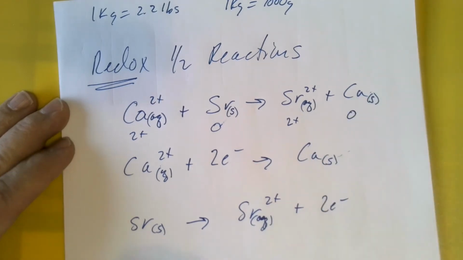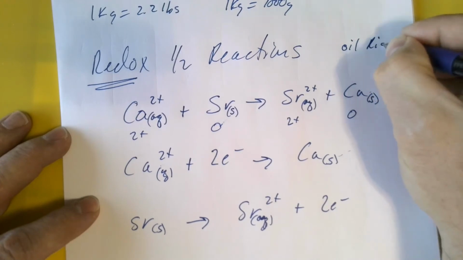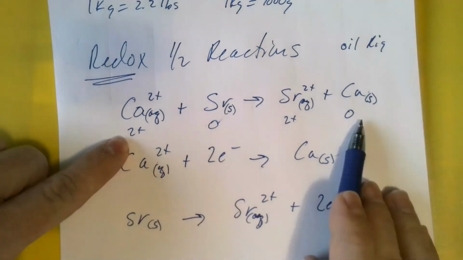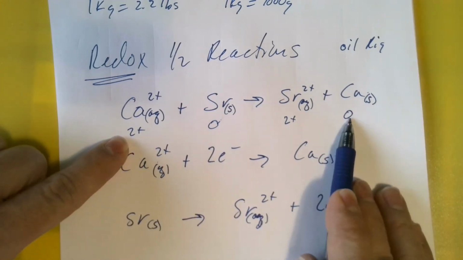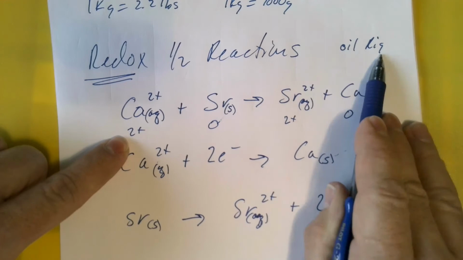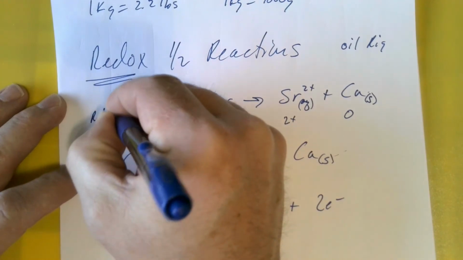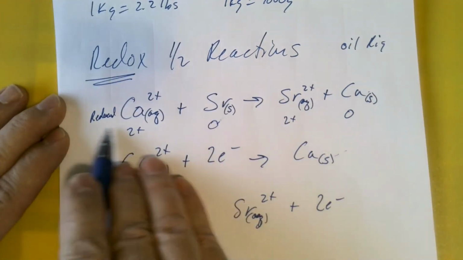Well, if I remember the mnemonic device OIL RIG, calcium went from a 2 positive to a 0. The only way to go from a 2 positive to a 0 is to gain electrons. Reduction is gain. So that means my calcium was reduced, which by default can only pair with one thing, and that makes it my what?